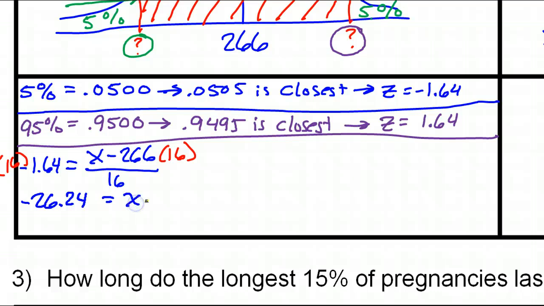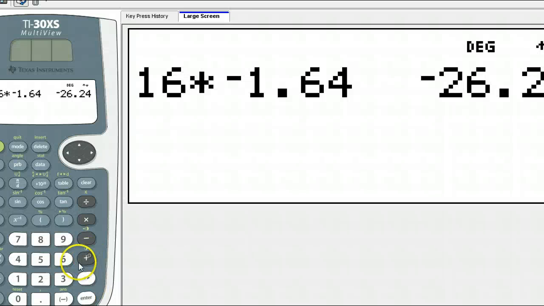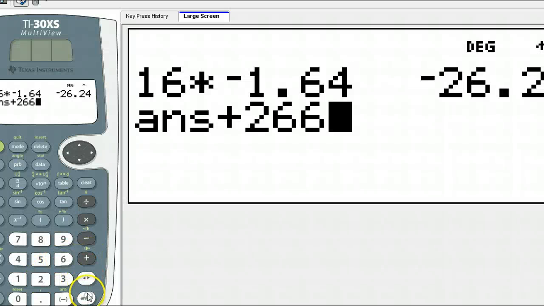And that equals x minus 266. All right, because these just cancel out. Of course, I'm going to add 266 to both sides now. Okay, and it's going to go a little bit out of the box, but I'm going to deal with it. So that's going to give me x equals negative 26.24 plus 266.